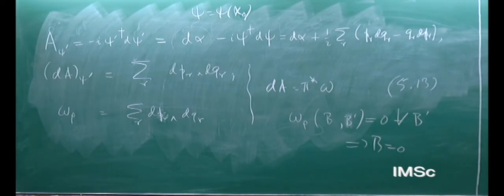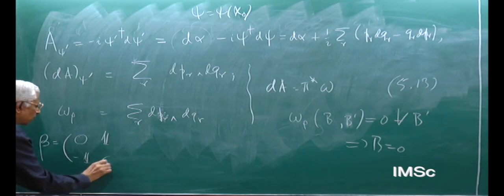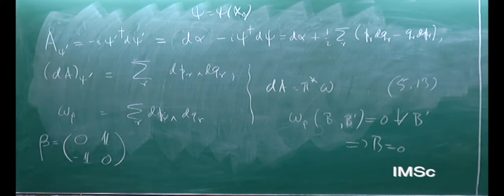It's a bilinear object. It's linear in B prime, but antisymmetric. But the non-degeneracy is this statement. And usually in symplectic geometry, instead of the Euclidean metric tensor, we have a tensor called the symplectic metric. And remember, this is always in 2n dimensions for some n. It's always in even dimensions.